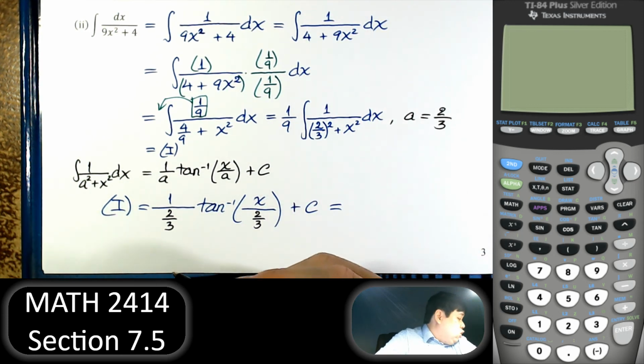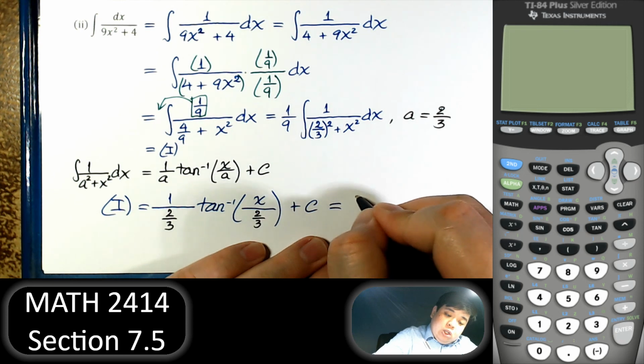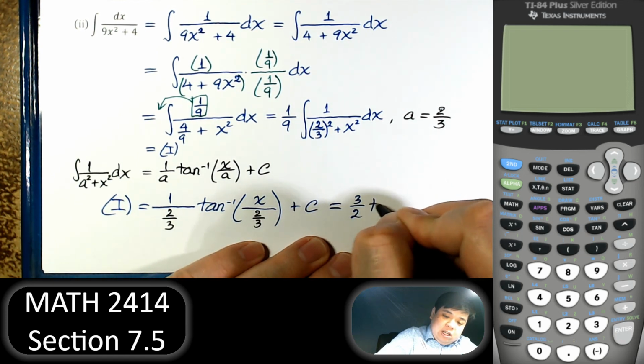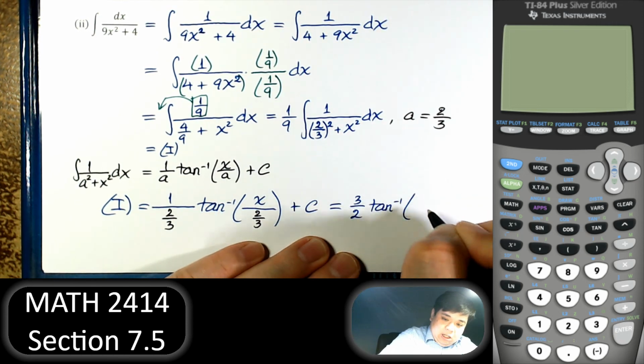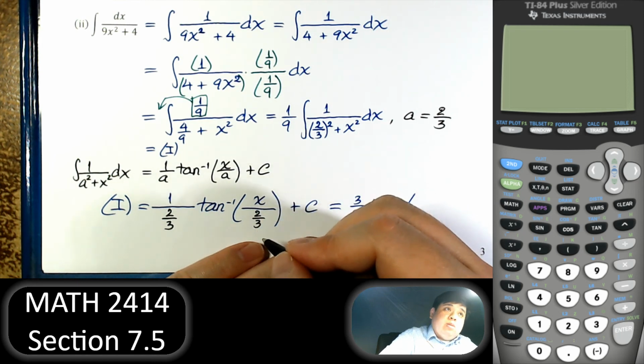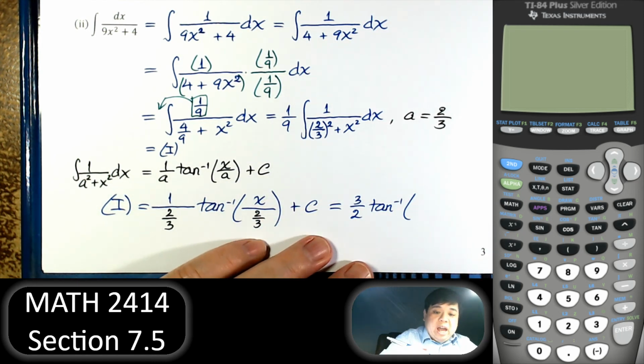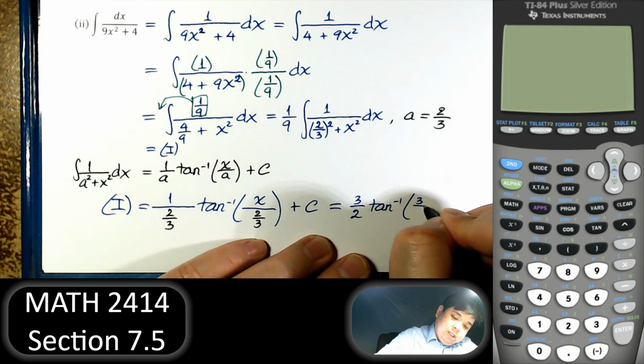And dividing by a fraction is multiplying by the reciprocal, so we have 3/2 tangent inverse of x over 2/3, which is x times 3/2, multiplying by the reciprocal.